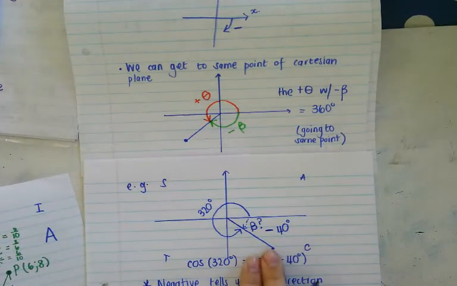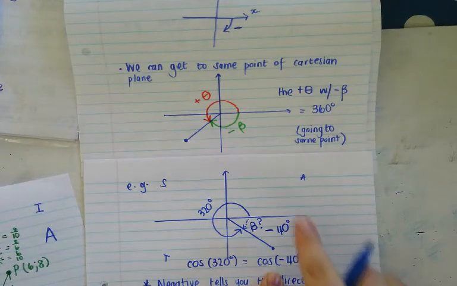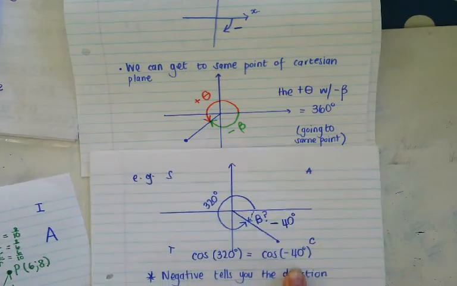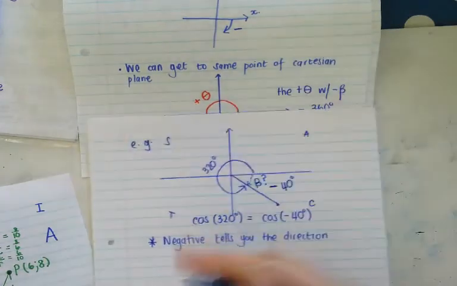So even if I had a negative angle, cos negative 40, my answer is still going to be positive because it is positive in that quadrant. What would sine be? Negative. And tan? Negative. So we can actually write a little bit of a summary.